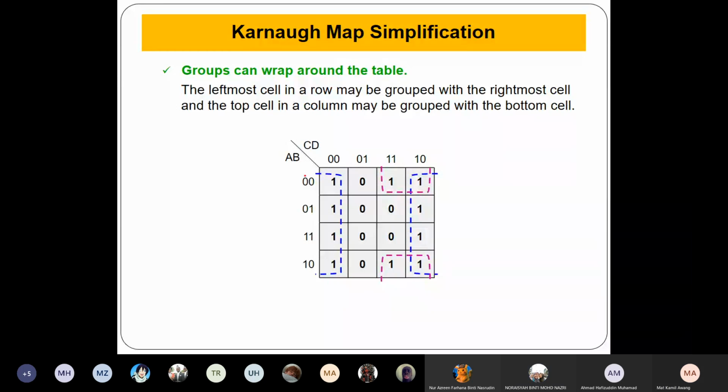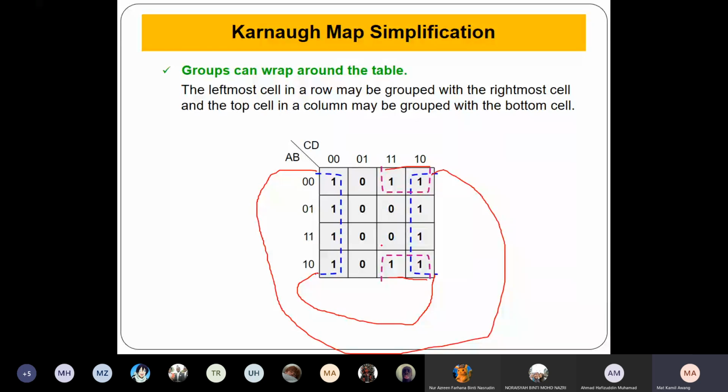This column and this column are connected as one group. And this is actually one group with this one, a group of 4. This one is a group of 8. This edge is actually connected to this edge.